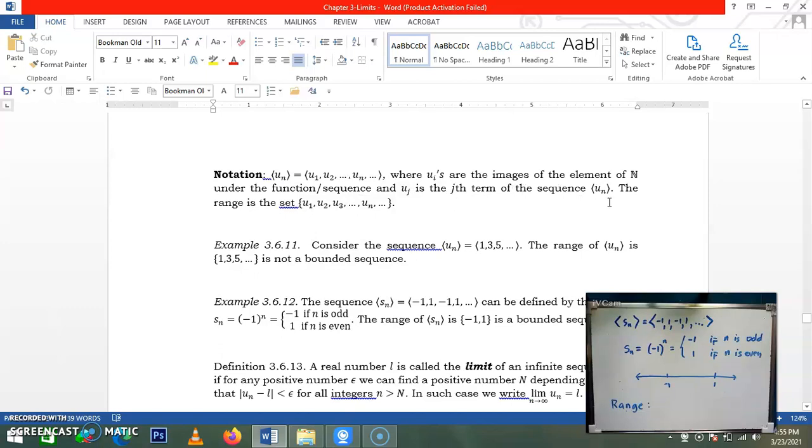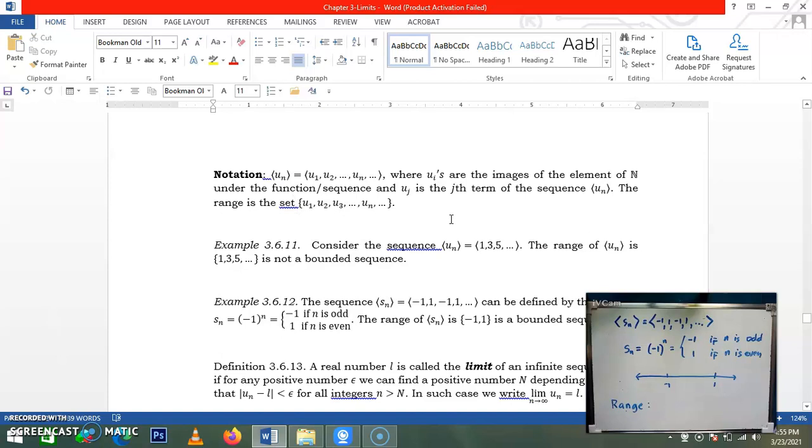So we have here u sub n. This is the nth term of the sequence. Say u sub 2 means the second term of the sequence. Then the range here is the set of all terms in the sequence.